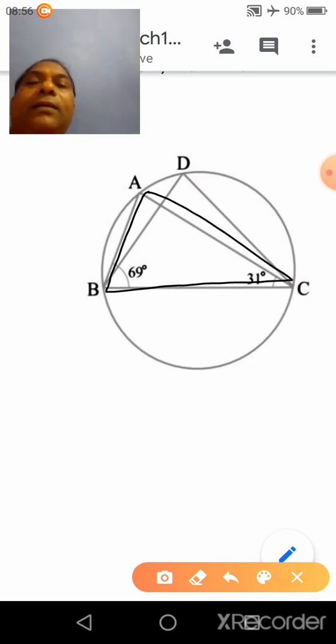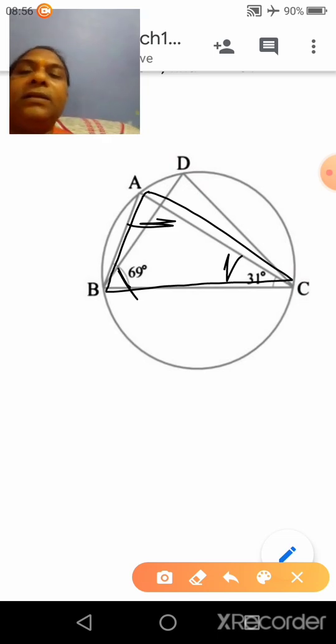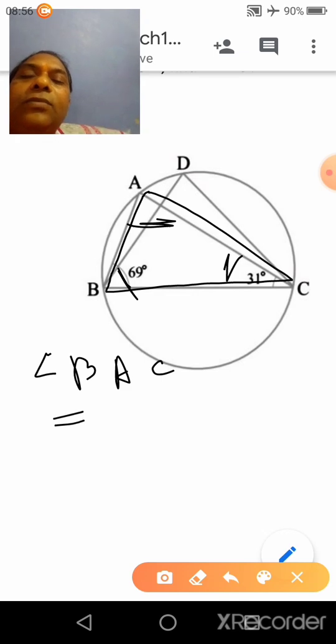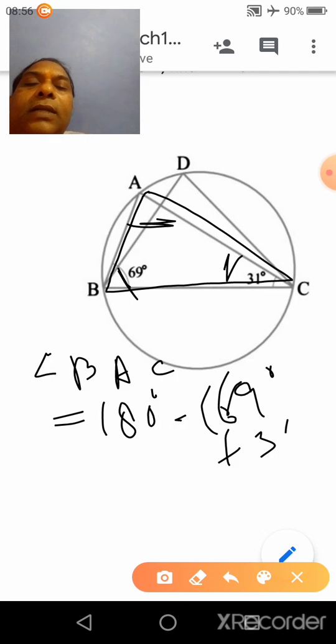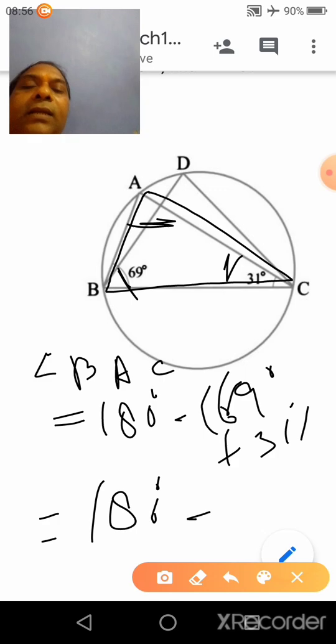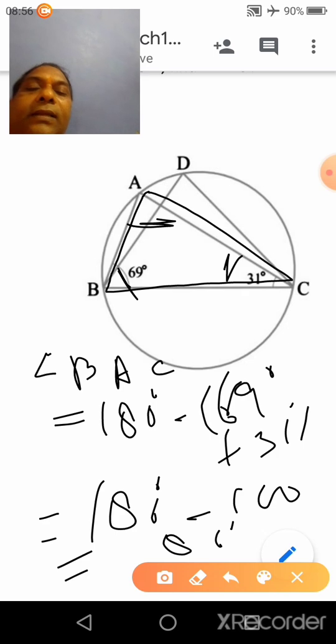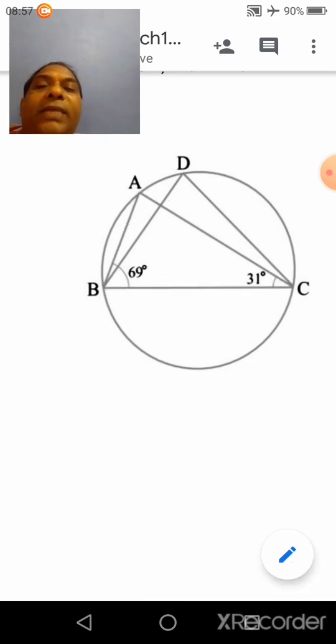Clear? This angle plus this angle plus this angle will be 180 degree by angle sum property of a triangle. So angle BAC will be equal to 180 degree minus 69 plus 31, so is equal to 180 minus 100 will be 80 degree. Clear?